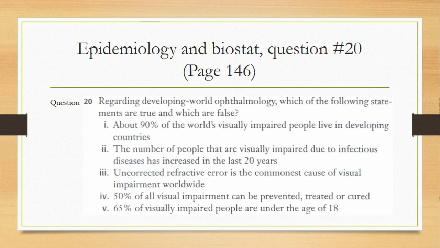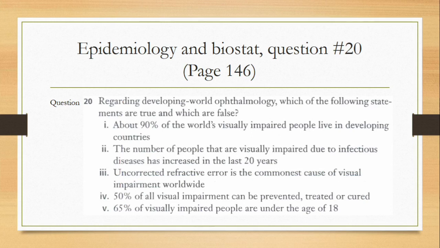And this last question, which is about epidemiology and biostatistics, in page 146, it's question 20, is not actually a mistake, but rather it's outdated data about the common eye conditions.